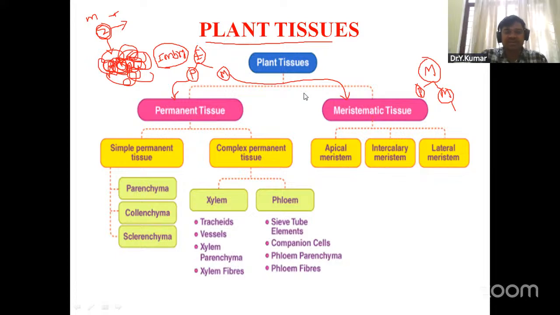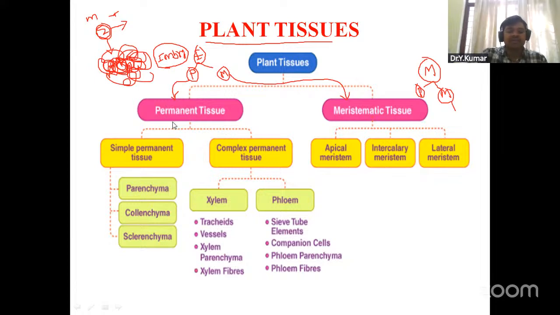Let's discuss the meristematic tissue. Before that, just a small comparison. Meristematic tissue is able to divide, but permanent tissue is temporarily not, not permanently, temporarily not, right?